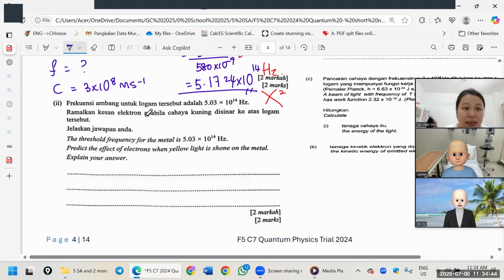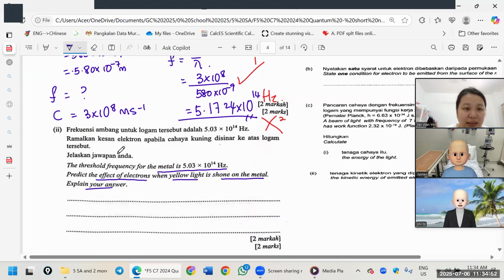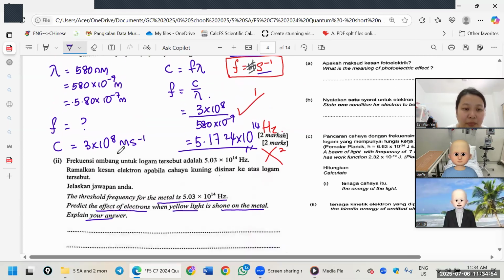Okay, so now the threshold frequency for the metal is this. Predict the effect of electron when yellow light is shone on the metal. Explain your answer. Now see, the threshold frequency for the metal is this, so we say f naught is this. Then this is the light energy.